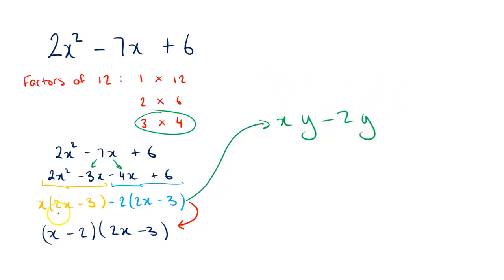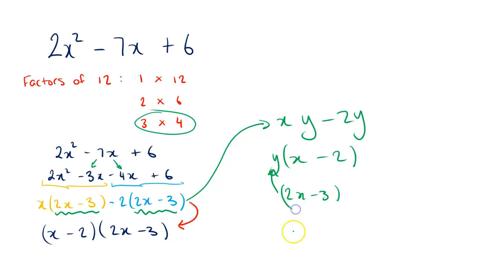And what I'm doing is saying, okay, I'm going to call this thing here y in both cases. Now, can you see, if I do it like this, then I can factorize y out of both of these two terms. If I factorize y out, just simple factorization, we have y times x minus 2, because it is common to both. But remember, I just said that this y here is 2x minus 3. So we end up with 2x minus 3 multiplied by x minus 2.